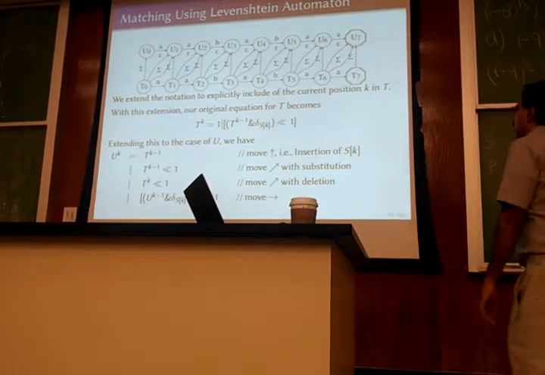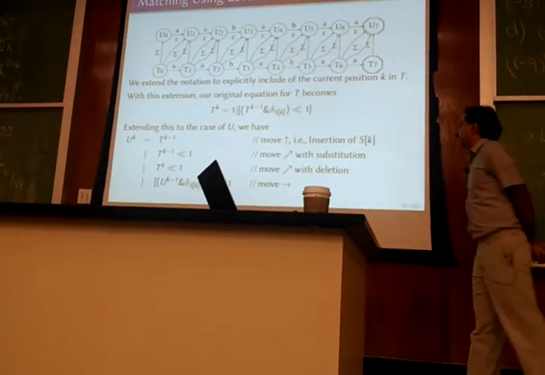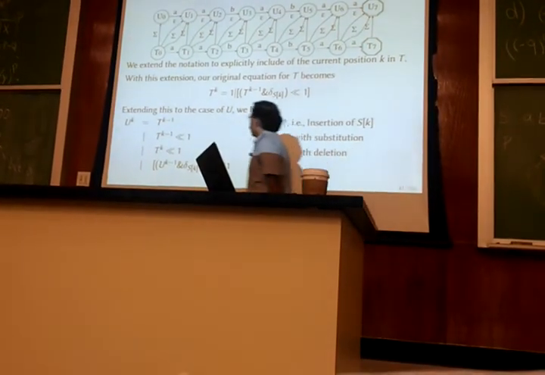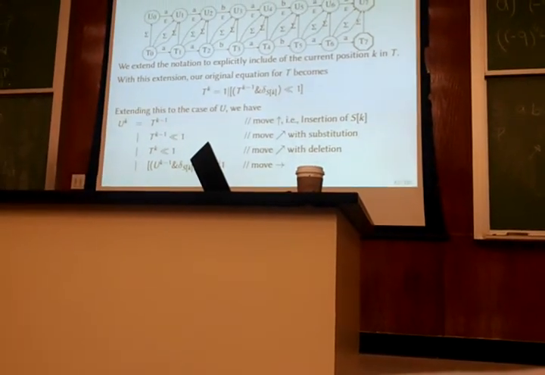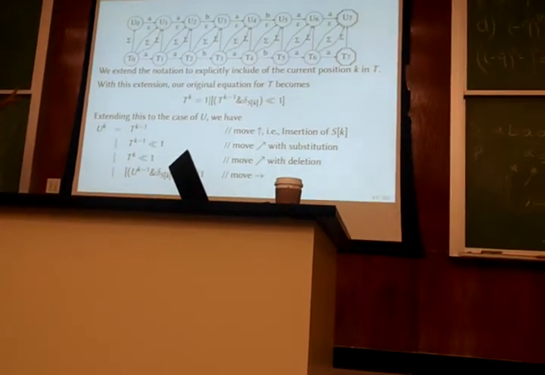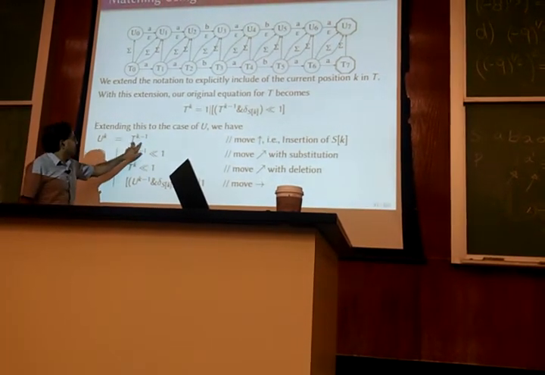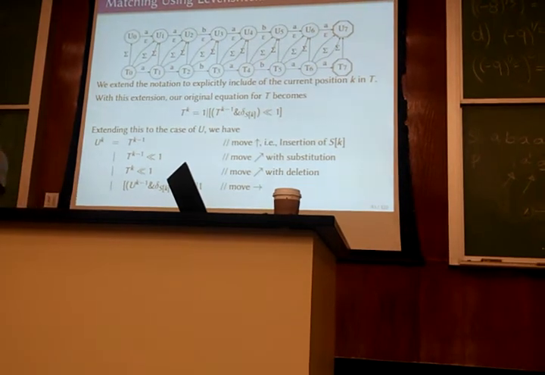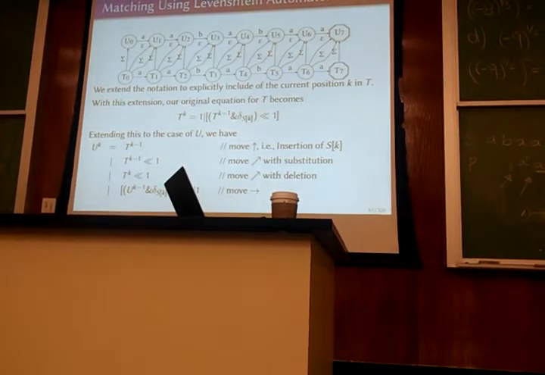So now how do we go to U? We are going to say U^K is T^(K-1). This is basically the move up. What we are saying is that T^(K-1) is at position K minus 1, and this is U^K, which means we have forwarded one more position.